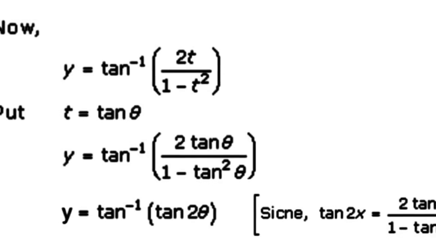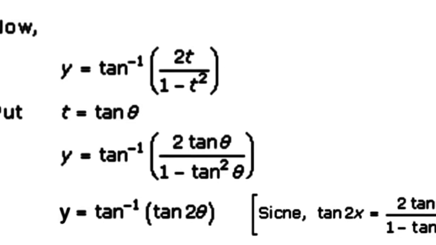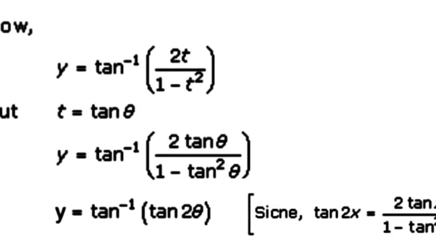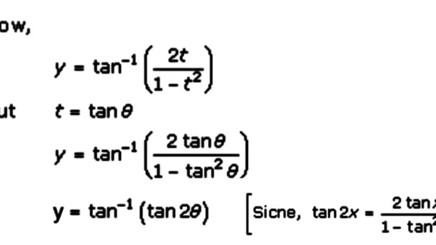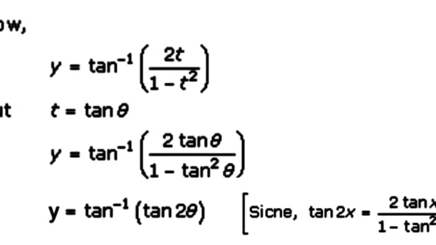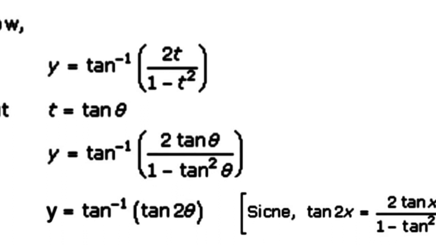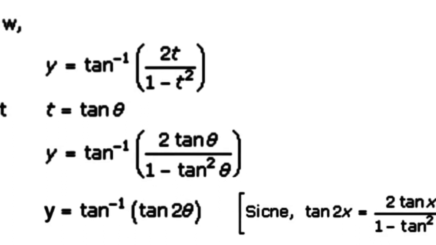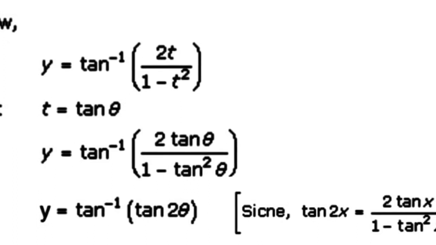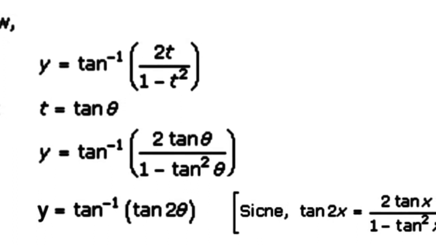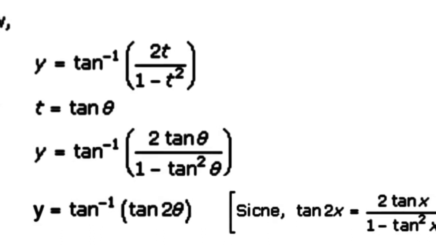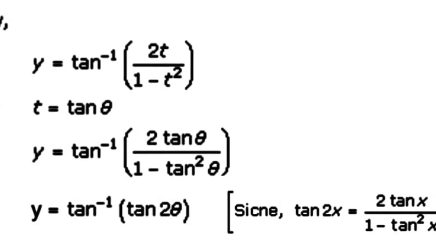Once again in this we are going to apply the inverse trigonometric function. So we are going to put the value of t equals tan theta. So we'll get y equals tan inverse of 2 tan theta upon 1 minus tan square theta. So this bracket is a half angle formula of tan 2 theta.